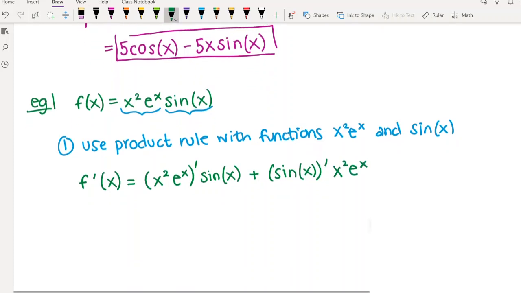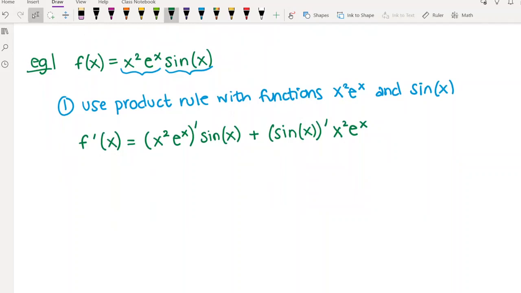So now we can go in and take the derivatives here and here, and we'll see that in the second step, we're going to have to use the product rule again, where now we're going to be thinking of these as our two functions.